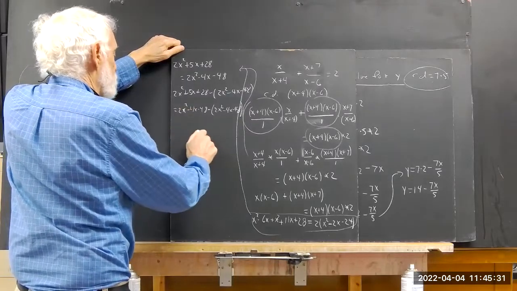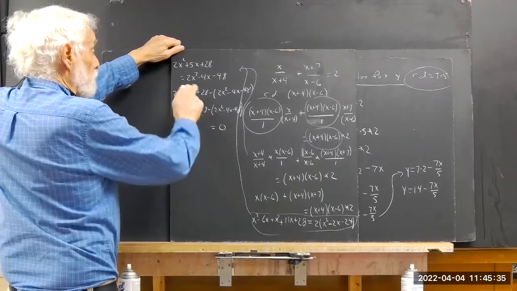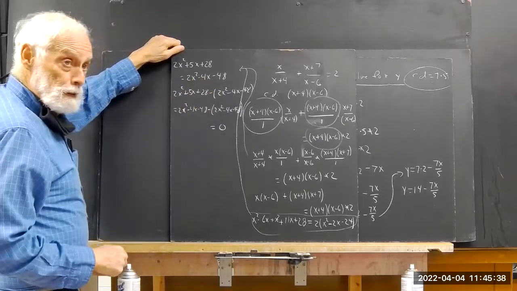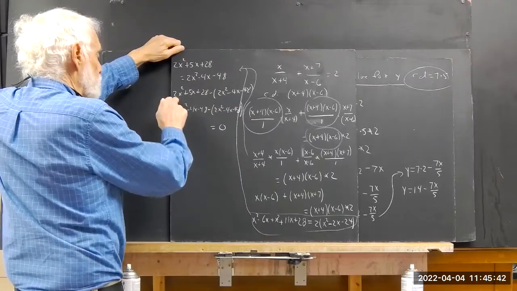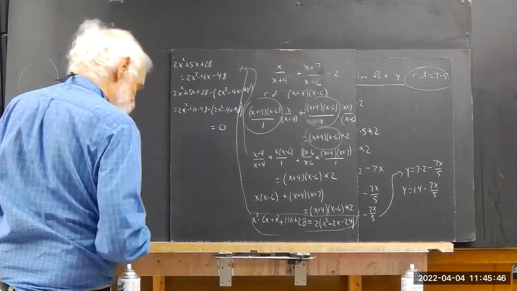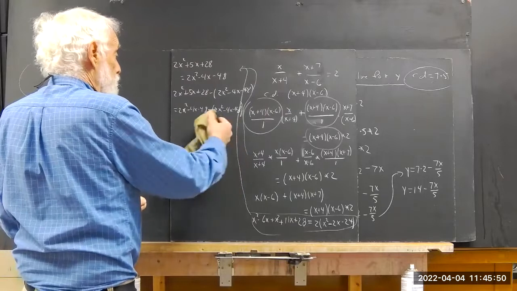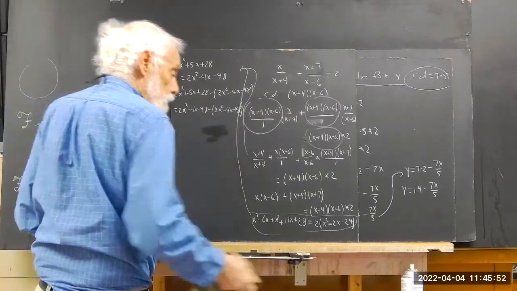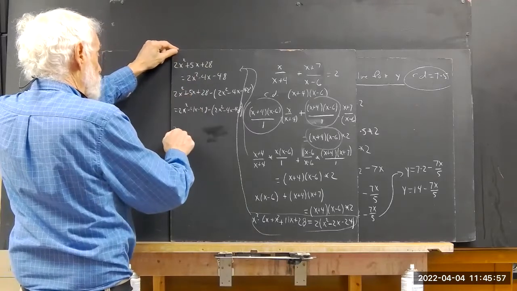Well, this side is 0 because I'm just subtracting this from itself. Over on this side, I have 2x squared. Let me give myself a little more room and write it out in a little more detail than you probably need, but let's just make sure. Okay. So we've got 2x squared here.